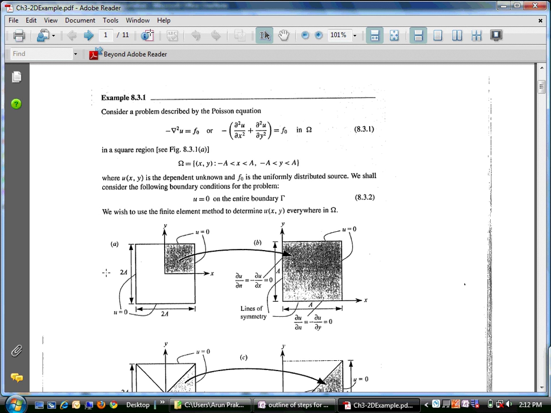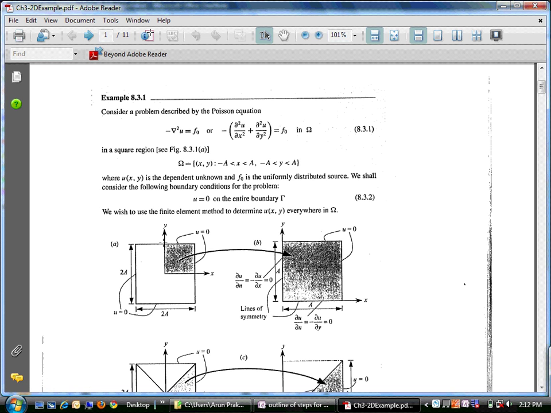If you take this x-axis, the value of u at this line will be the same on both sides of this square. So in all finite element problems, if you have symmetry, you can reduce your problem size by either half or 1/4 or 1/8. So can anybody tell me how many times can we reduce our finite element problem in this case?